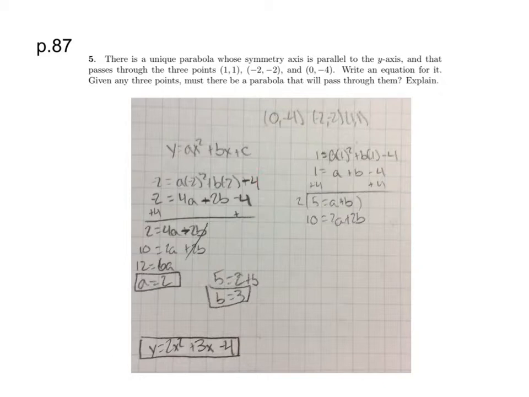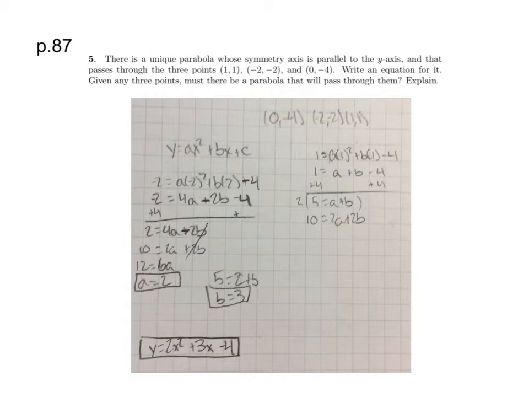Then we plugged in negative 2 for x and y, and we got negative 2 equals a times negative 2 squared plus b times negative 2 minus 4, so negative 2 equals 4a minus 2b minus 4. We added 4 to both sides, and we get 2 equals 4a minus 2b. That's our new equation, and then we plugged negative 4 back in for c.